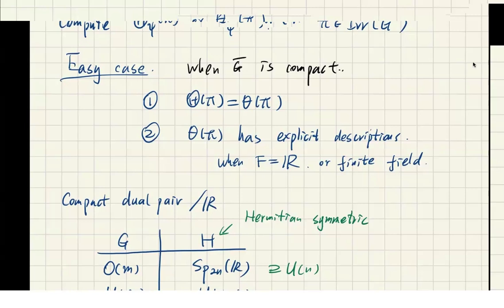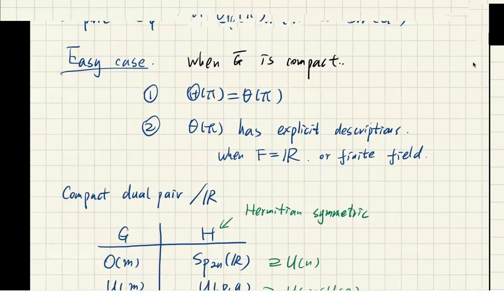Okay, you have no problem with this. And then since G bar is compact, the Weil representation can be written as a direct sum, of course with some topological completion, of pi tensor big theta pi, where pi runs over irreducible representations of G bar.